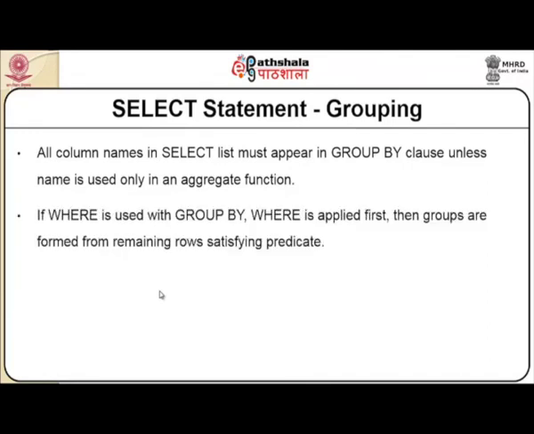If where is used with group by, where is applied first, then groups are formed from the remaining rows satisfying the predicate. ISO considers two nulls to be equal for the purpose of group by.